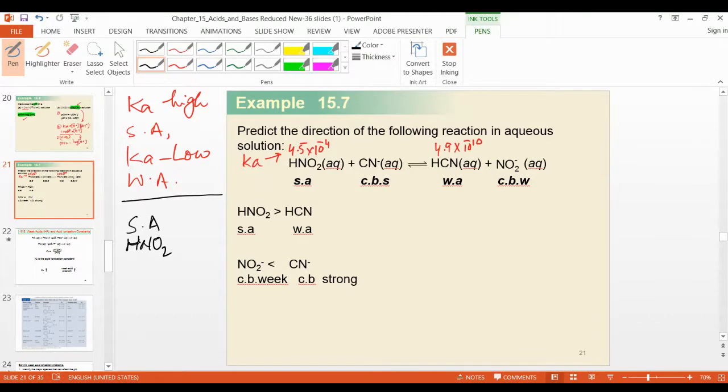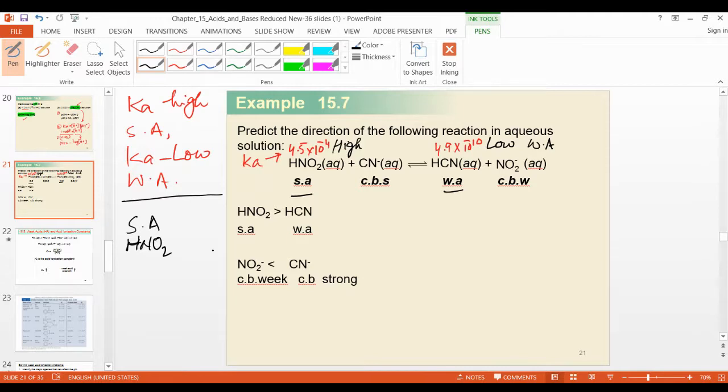The K value is bigger. Bigger, right? So this is high, and this value is low, so this is a weak acid. So it is written here weak acid, and this is a strong acid.